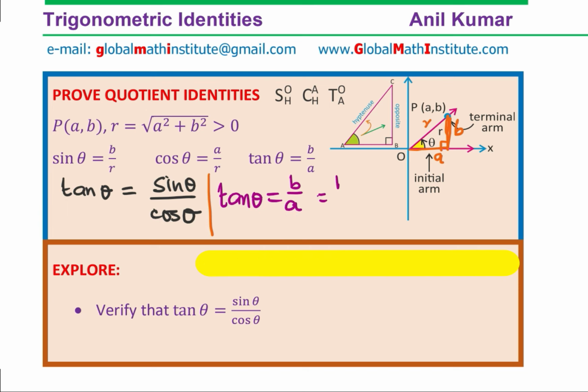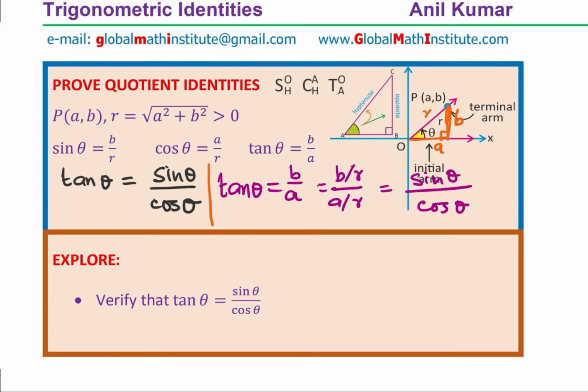I could write this as B divided by R over A divided by R. Is that clear to you? Now, B divided by R is sin theta and A divided by R is cos theta. You get the idea. So we can write this as sin theta over cos theta. Makes sense? That is how we can prove this quotient identity.